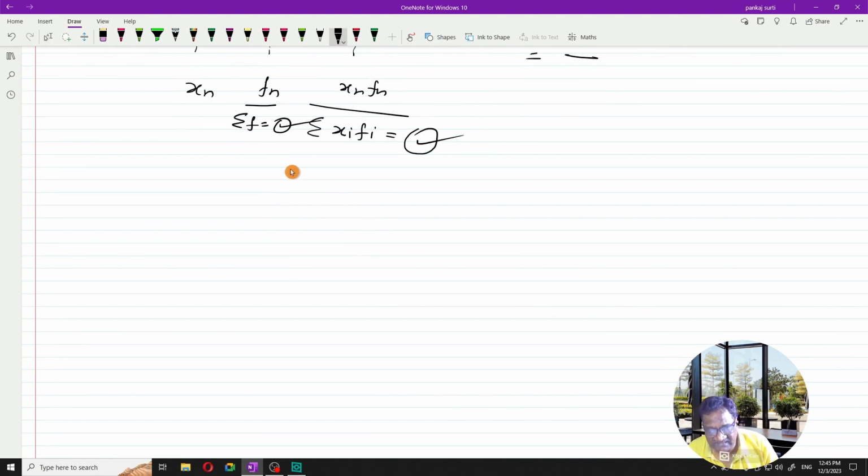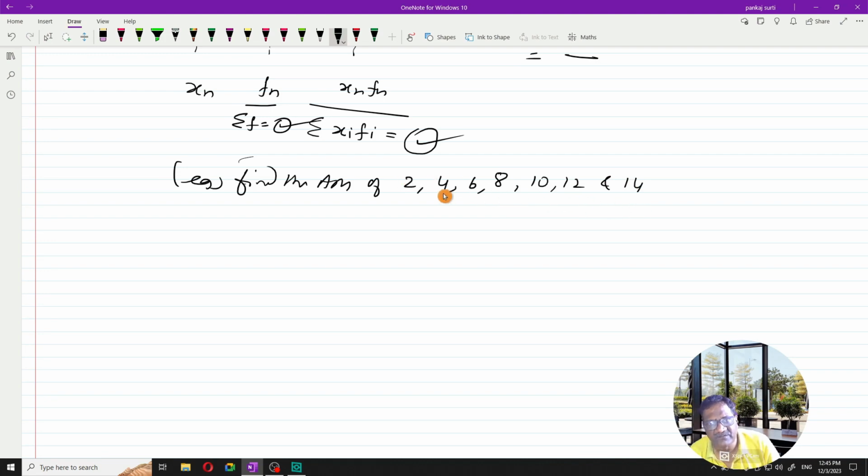So one example based on this is, suppose they say find the arithmetic mean, AM, of 2, 4, 6, 8, 10, 12 and 14. Can you see these are the first 7 even numbers?